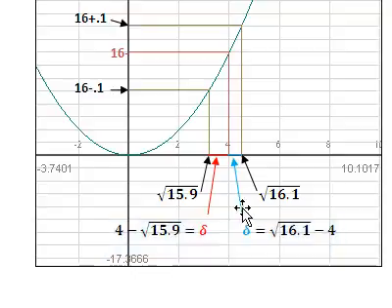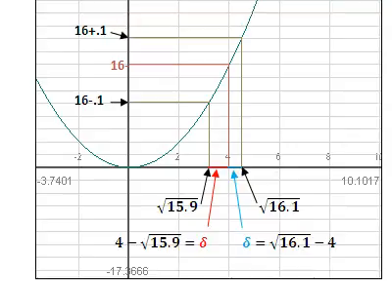Now this delta represents the difference in here, this blue line. The length of the blue line is this number here, which I've approximated up in the top, and then this delta is this red line. So 4 is here, and we come out in this direction, which is the square root of 15.9.